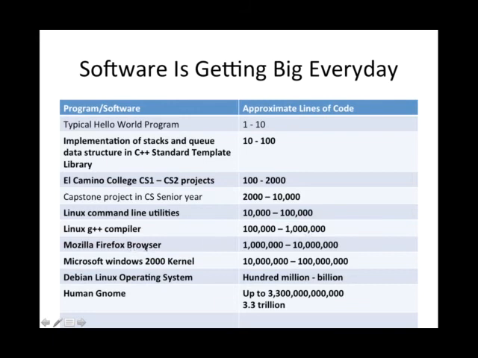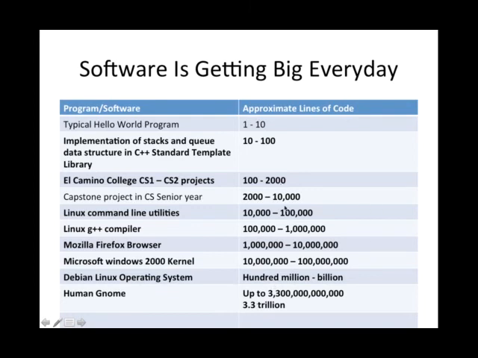The Firefox browser may have from 1 million to 10 million. The Windows 2000 kernel may have 10 million to 100 million. The Debian Linux operating system may have 100 million to a billion, and the Human Genome has code lines up to 3.3 trillion.